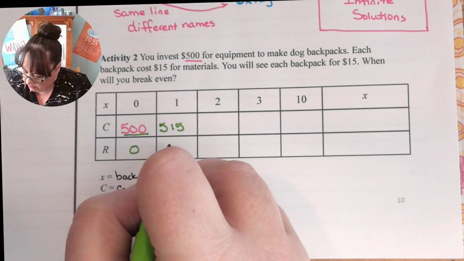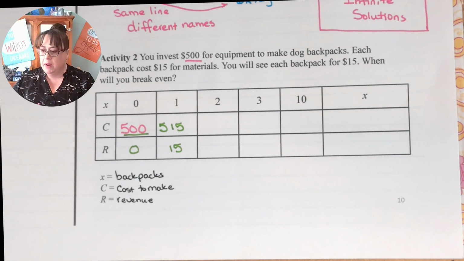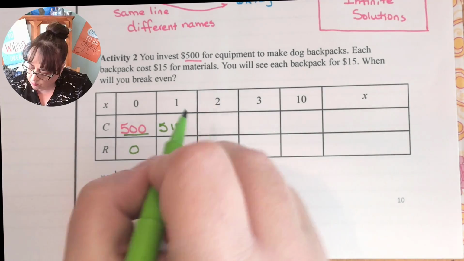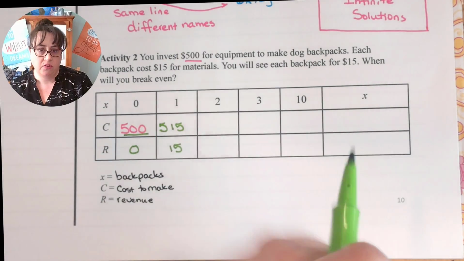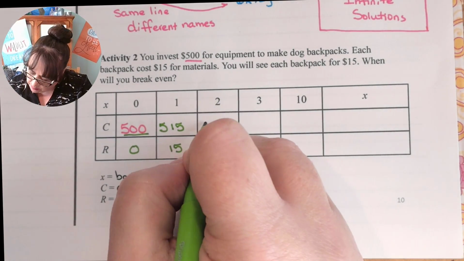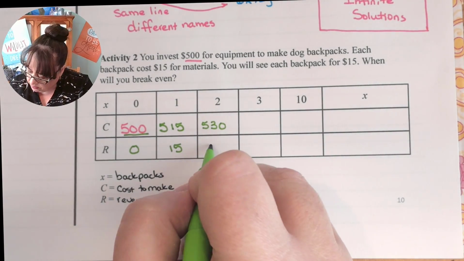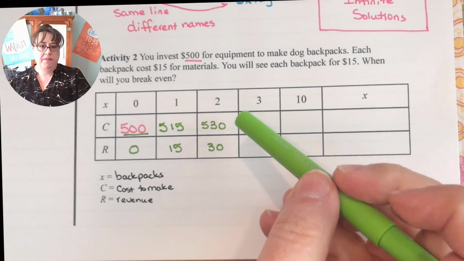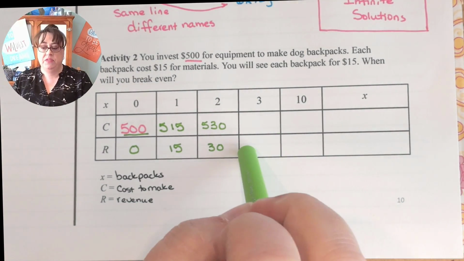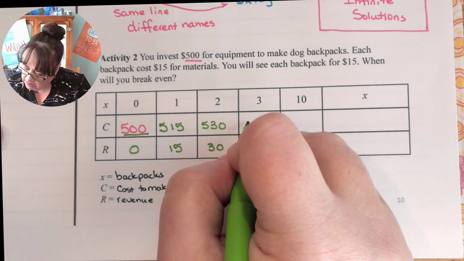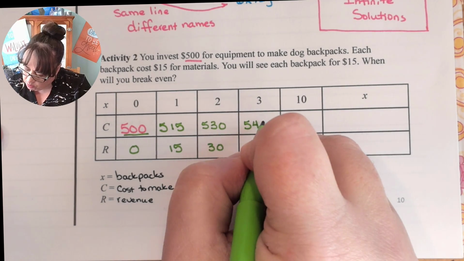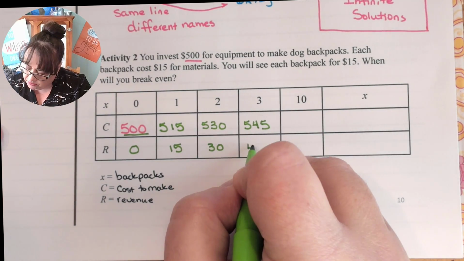You're going to make $15. And then we're going to continue on that pattern. So your second one, you have to put $15 more into that backpack. So that would be $530. But you made $15, so you made $30. So this is going up by 15, while this is going up by 15. Sounds good. So this here, you had to spend $15 more, and you earned $15.